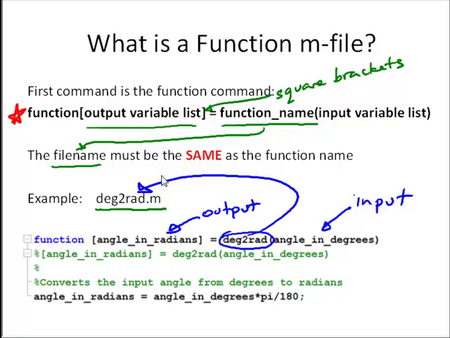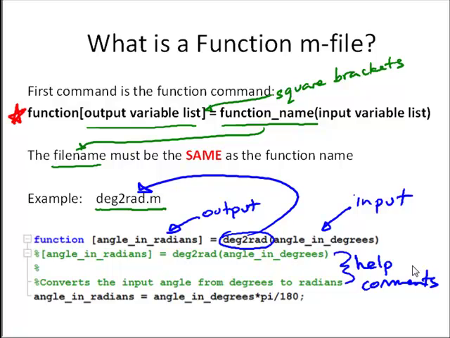And as you might guess, and you can see from reading the help comments here, this is a function that converts an angle in degrees into an angle in radians.